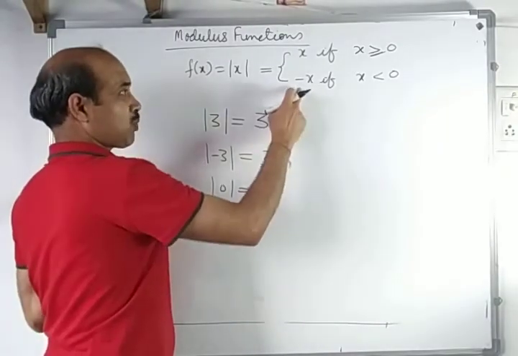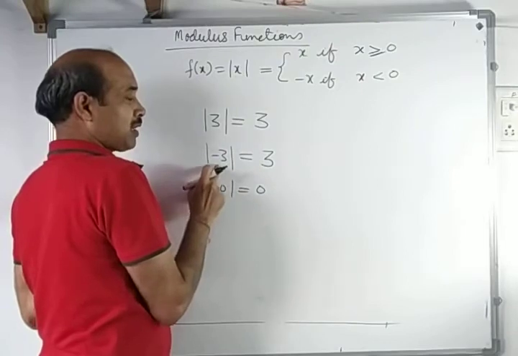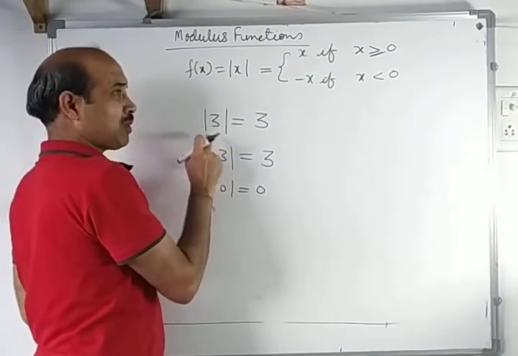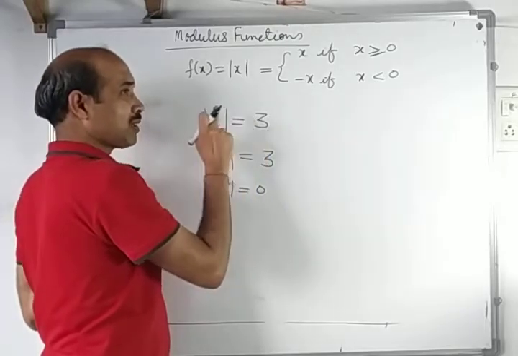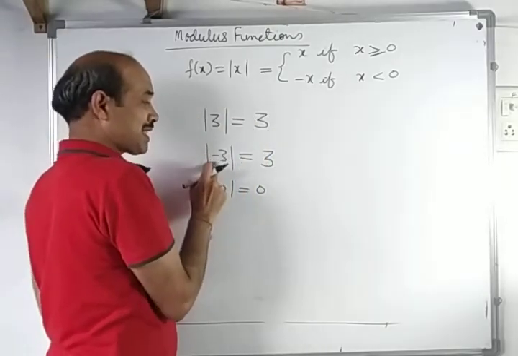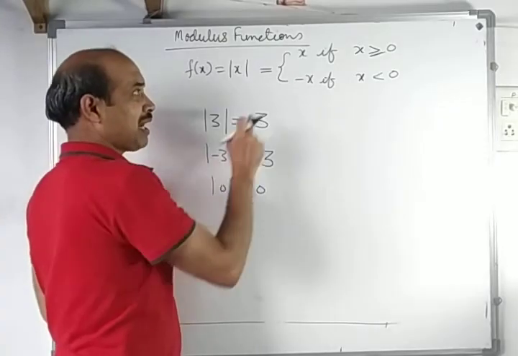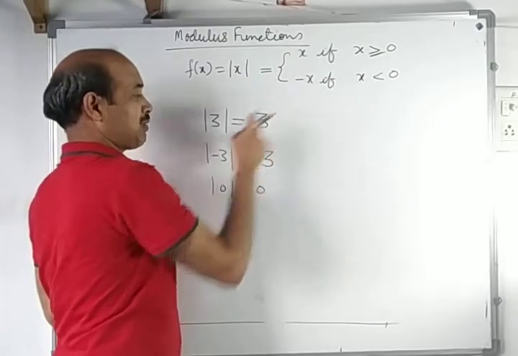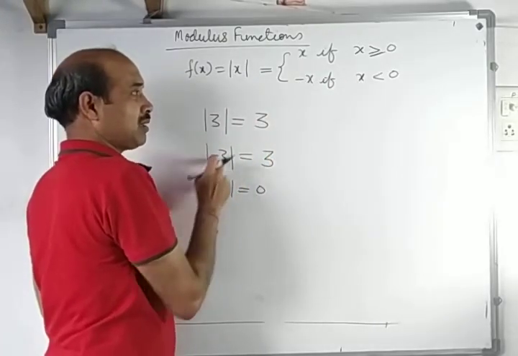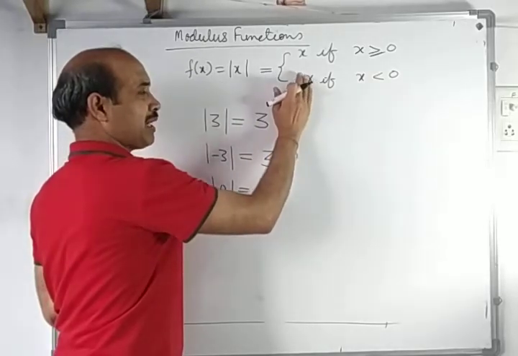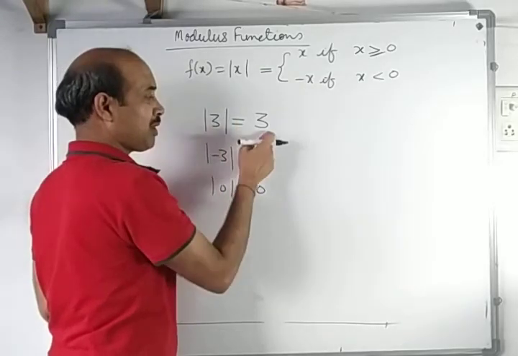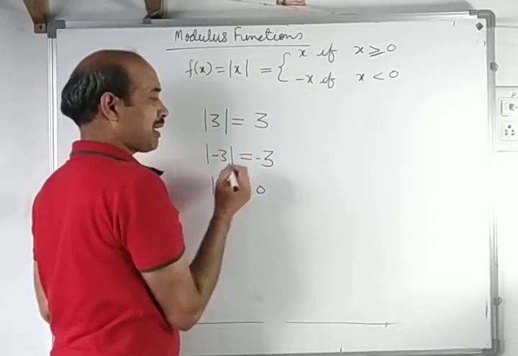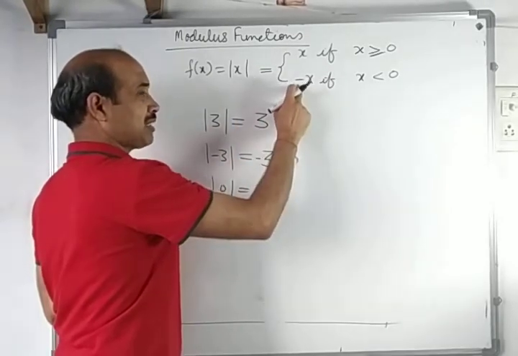To understand this point, see here: when you put any numerical value like 3, you get positive 3. When you put minus 3, if we do not write this minus here for negative values, and write only x or plus x, then whatever is inside, the same will be outside. So minus 3 will give minus 3 if you are not writing minus here.